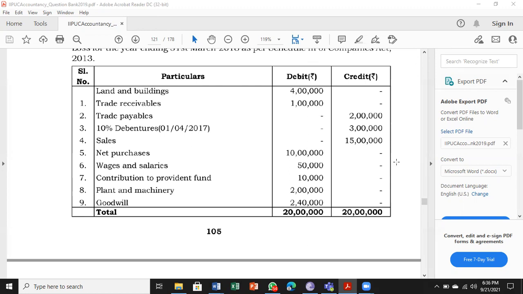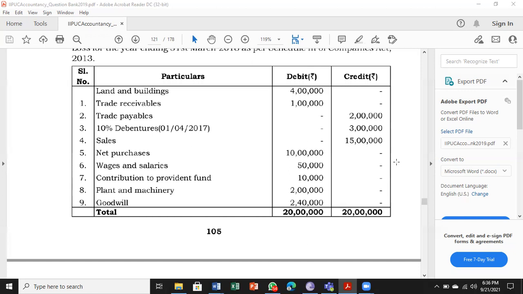So first three items won't come. Even the next one, 10% debentures. So it is a loan taken by the company from public. So it is a loan amount. This is also a balance sheet item. Next, it won't come. So first four items will not be taken in the income statement.